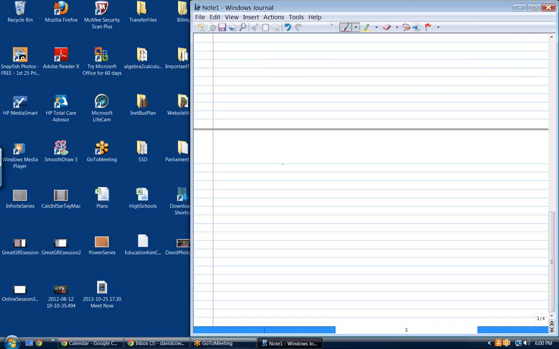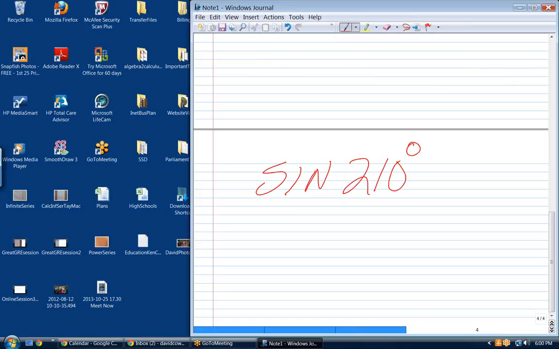Have they given you problems like find the sine of 210 degrees? No, this first chapter today really only dealt with trigonometric functions, unit circle approach. Well, that's part of this.